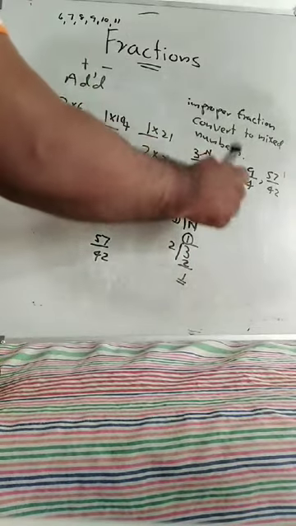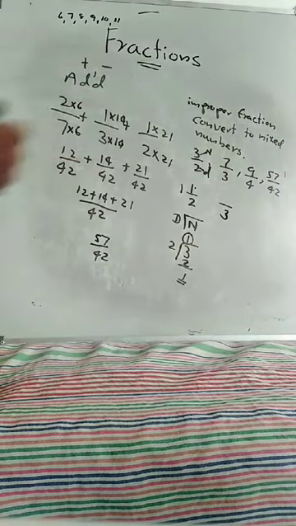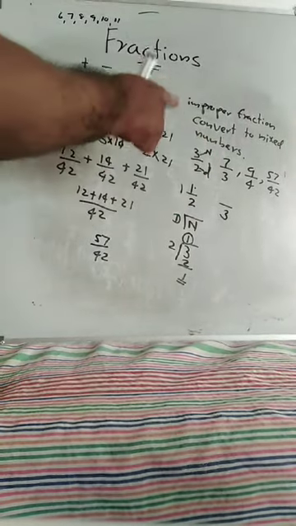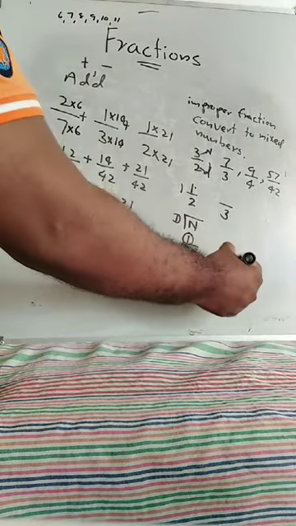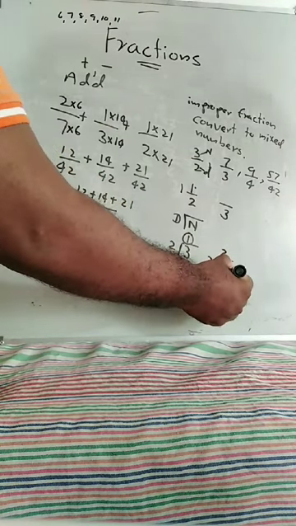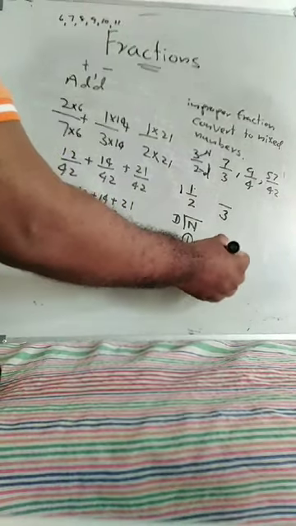Here the denominator is 3. When 7 is divided by 3, we get 2; 2 into 3, 6; 1 remains. Then the answer is 2 and 1 upon 3. Then the denominator is 4.